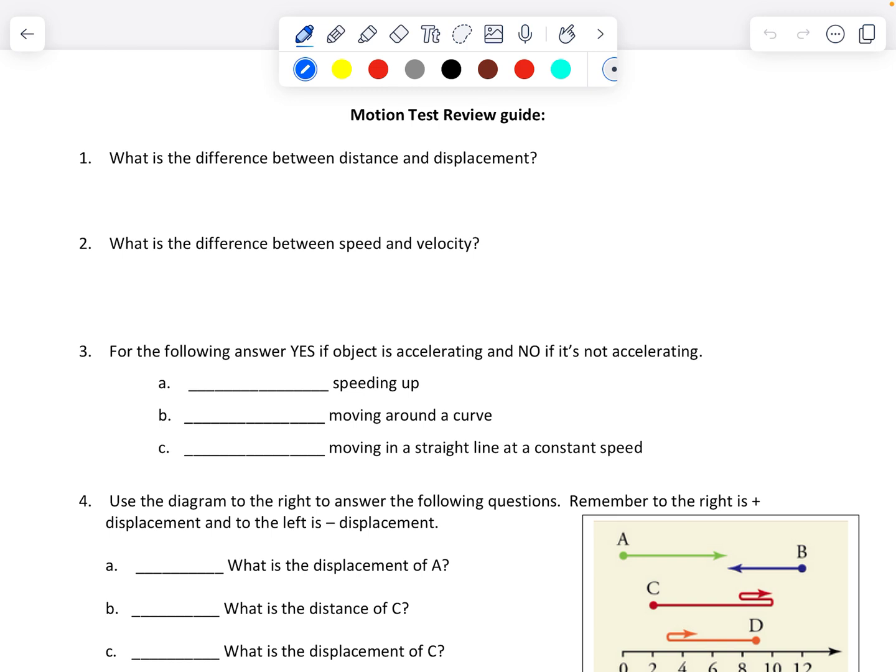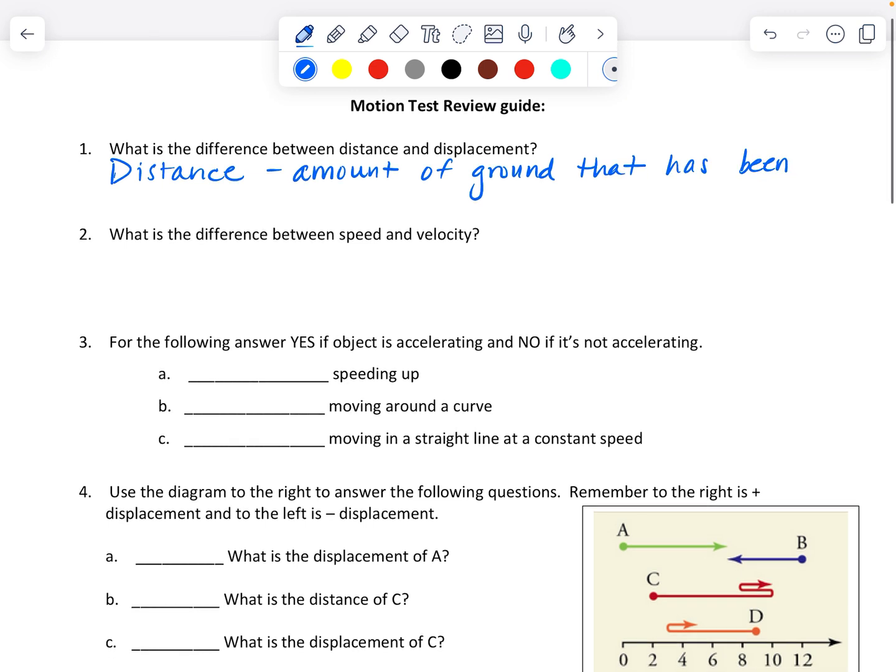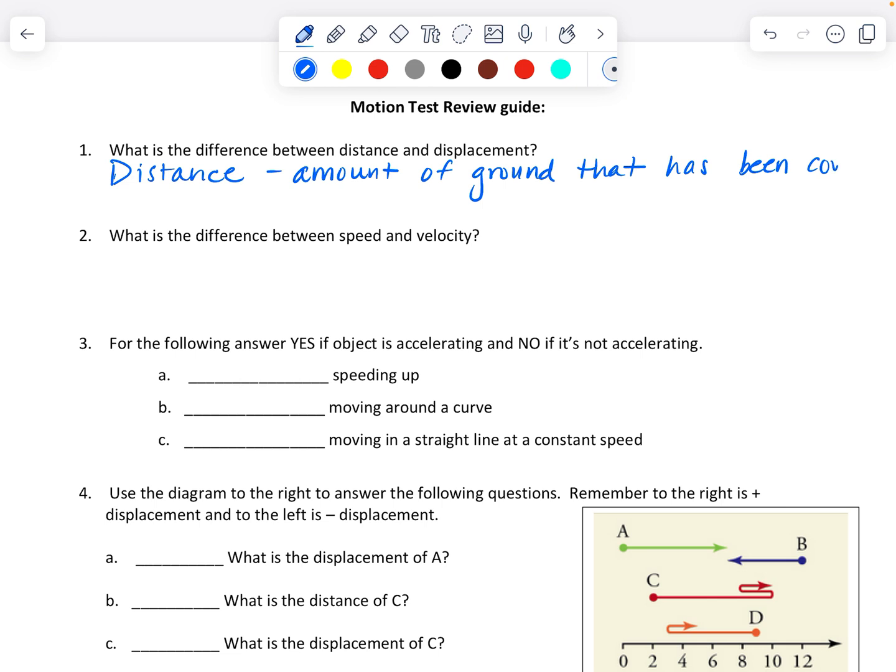Remember, your distance is how far you have traveled. So distance is going to be kind of the amount of ground that has been covered, or how far you've traveled.